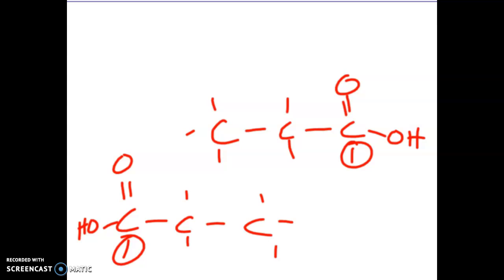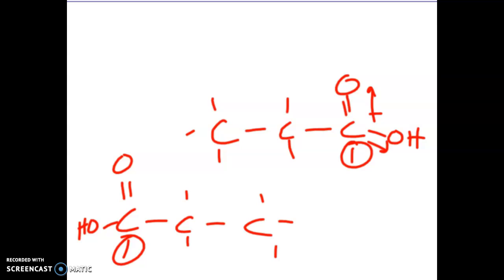Now, when you're looking at the properties of these structures, we have to consider the polarity, of course. When we add in our carbonyl group, we know that the C double bond O is a polar bond. Also, the C-O of the OH is a polar bond.